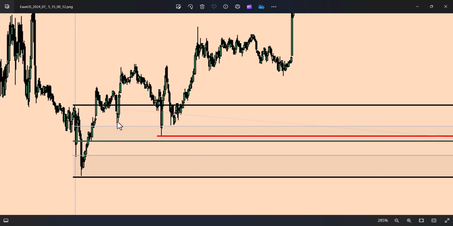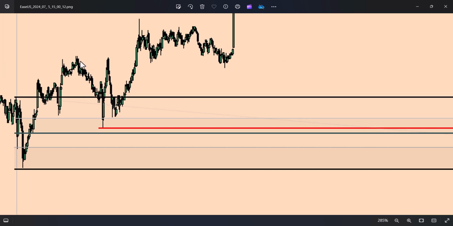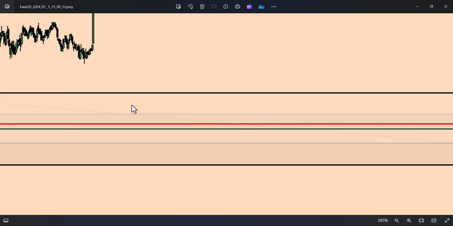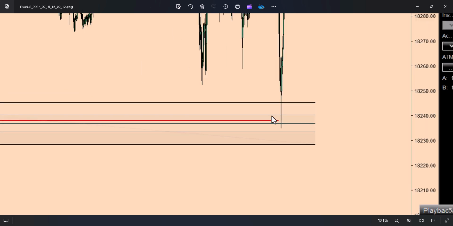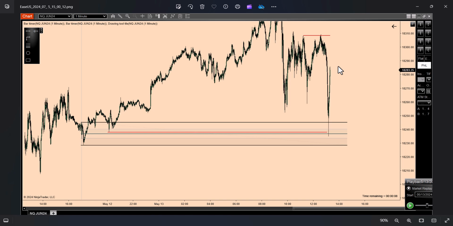Price created this high, this low, just above the 50% or the 30%, one more time sweeping it into the 30% and then trading higher. And then look at this low, just above the 50%. What happened after a few hours? Liquidating this high, this low, into the 50% and then trading higher.